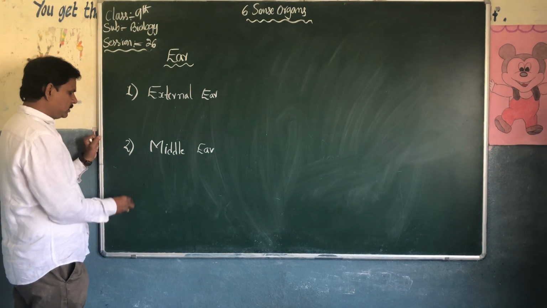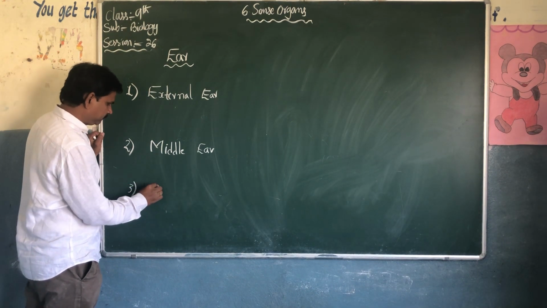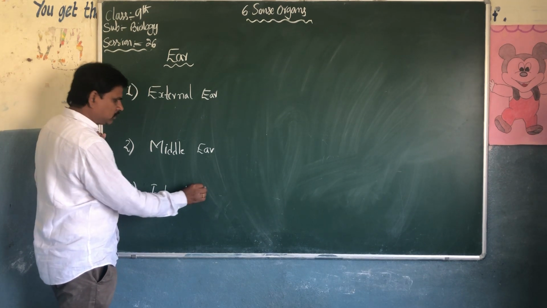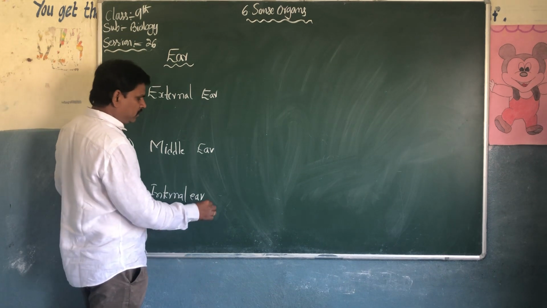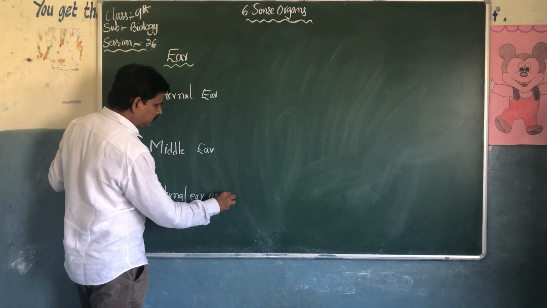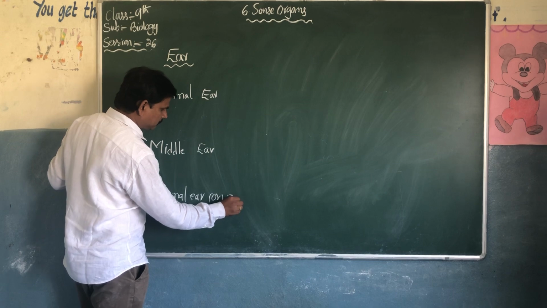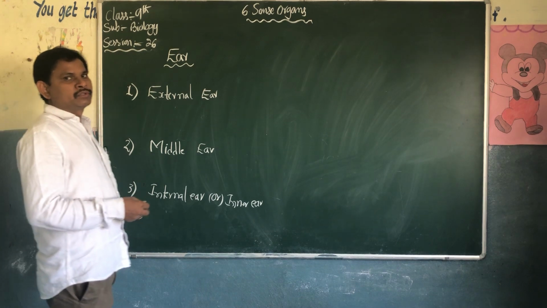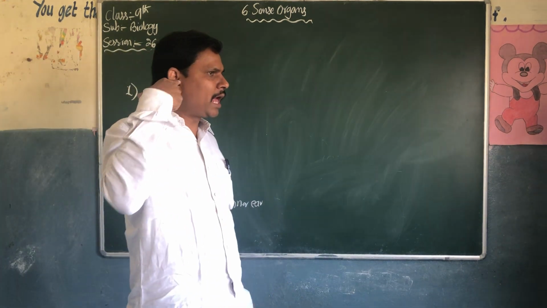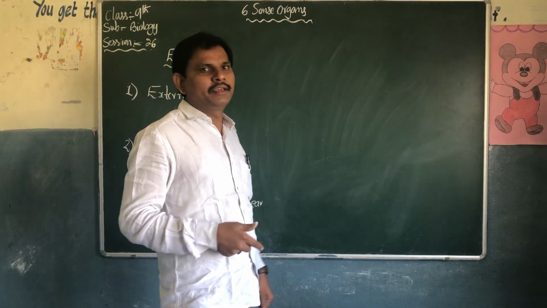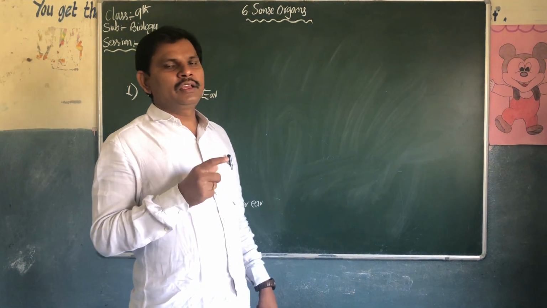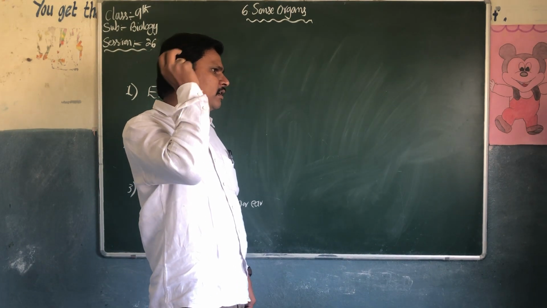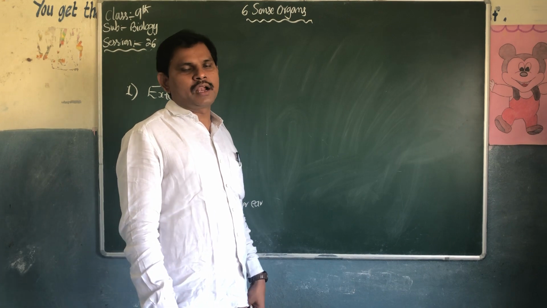The last one is the internal ear, also called the inner ear. It looks narrow, with a big hole into the ear. Externally, it looks like the external ear, which is called the pinna.